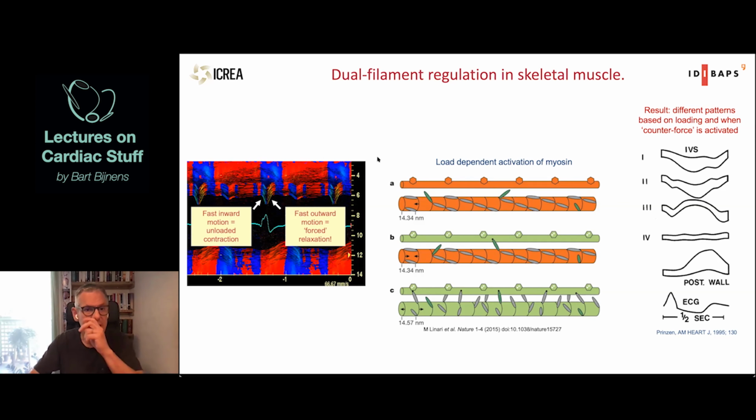Now, if this is the case, that you work with the balance of the load versus the contractile force, and the balance of the early contractions versus when and how much delayed contraction is taking place, then you can understand that there are different patterns depending on when and how much this happens in patients. And this is what you see here.